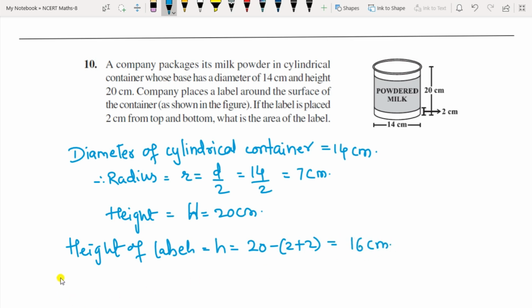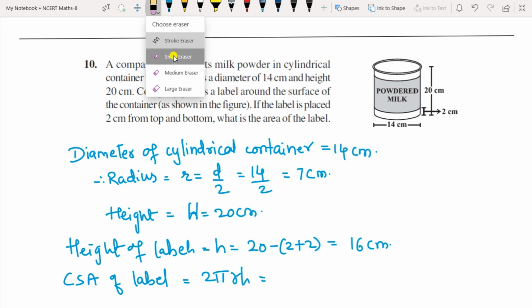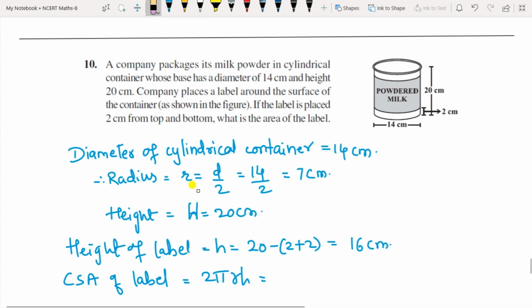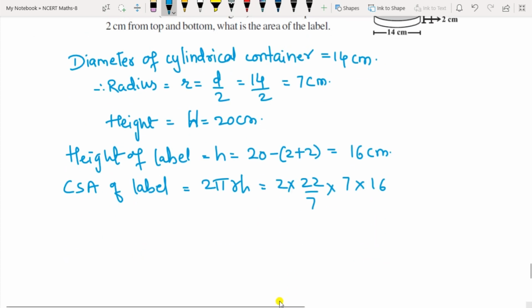So the curved surface area of the label will be 2 pi r h, which is equal to 2 into 22 by 7, radius is 7, but height will be here 16. It is for the label.